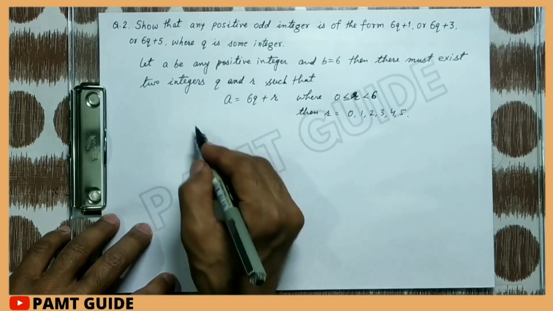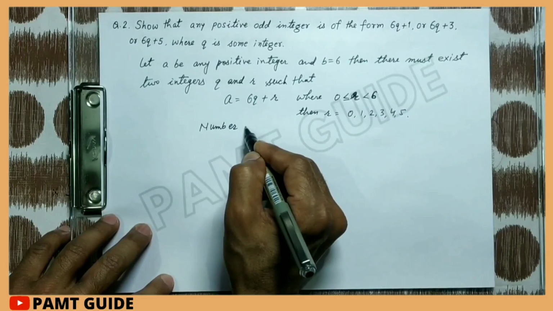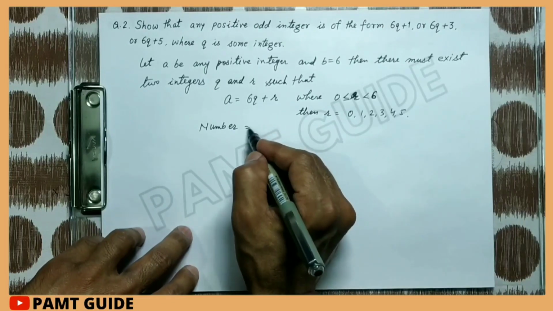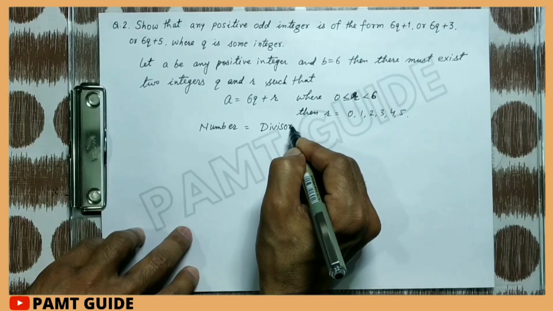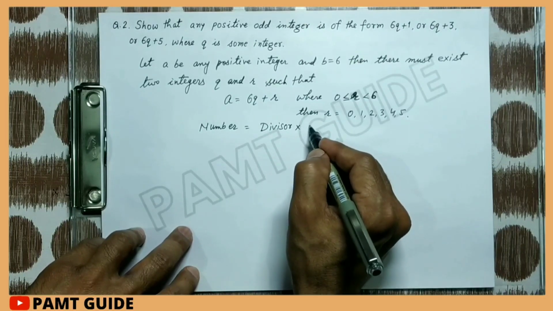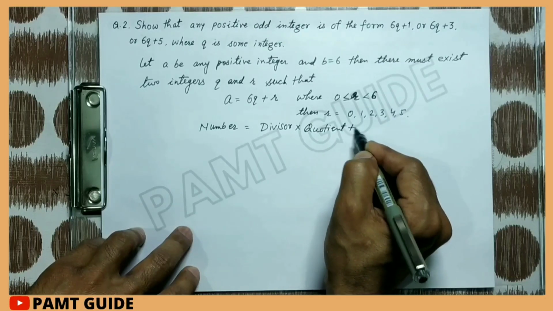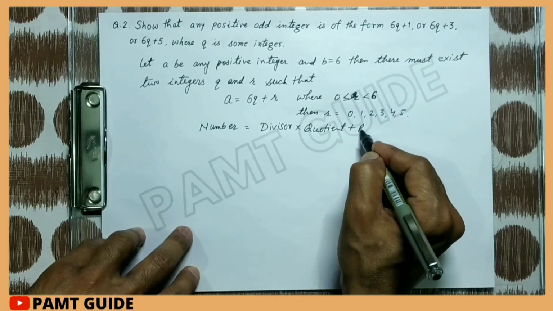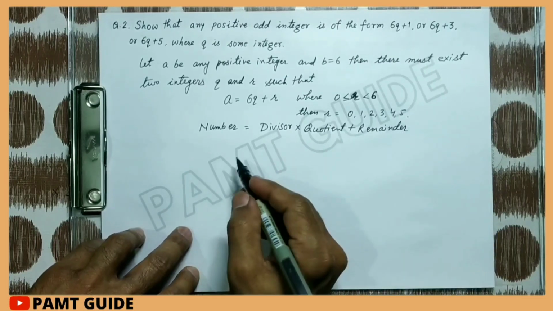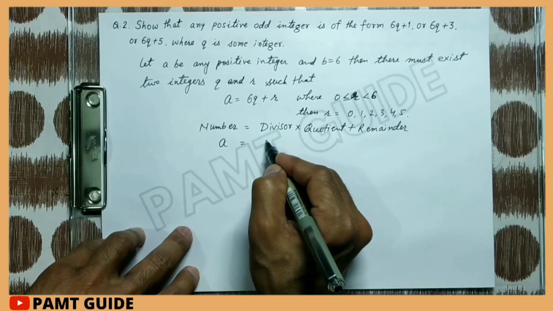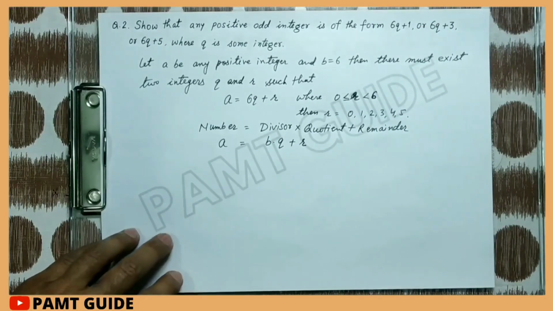And we know that any number can be written in the form of number equal to divisor multiplied by quotient plus remainder. So a equal to b into q plus r.